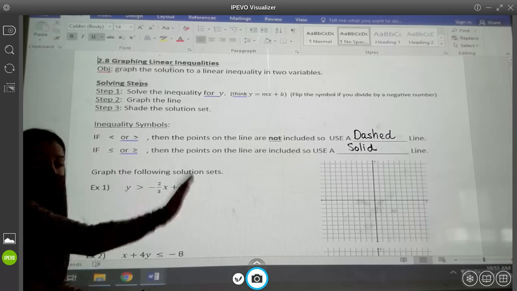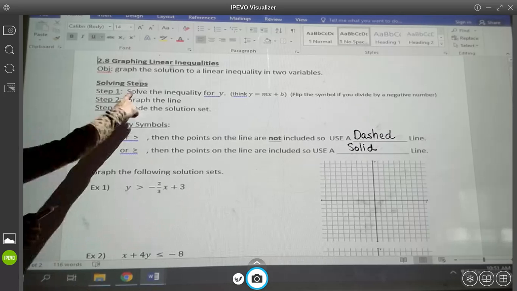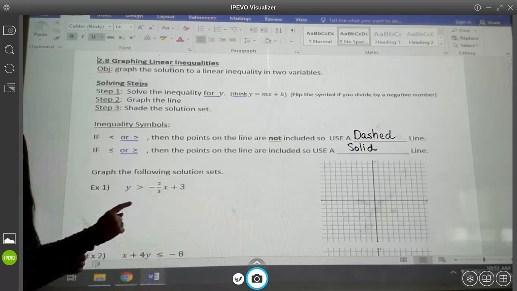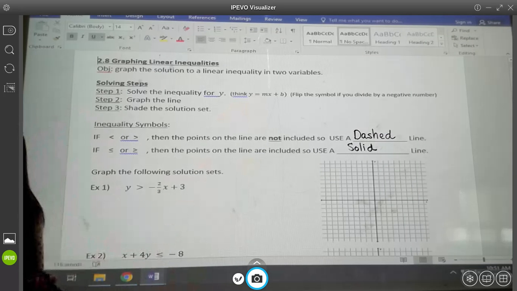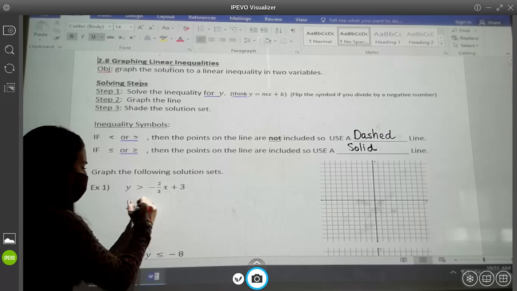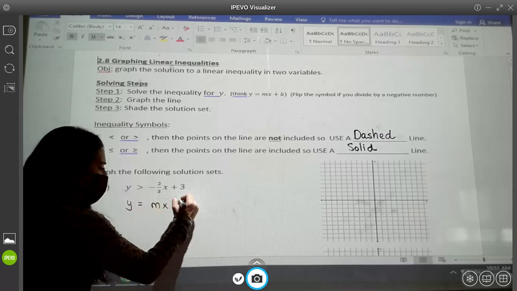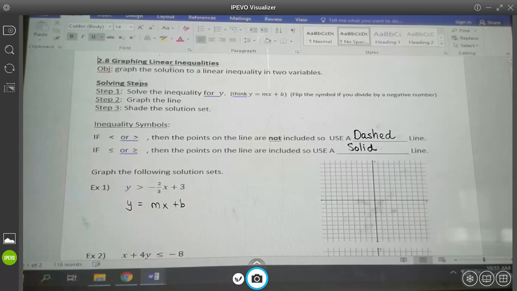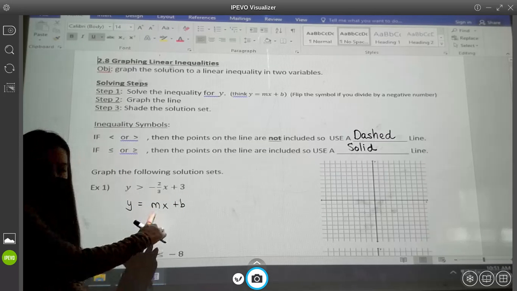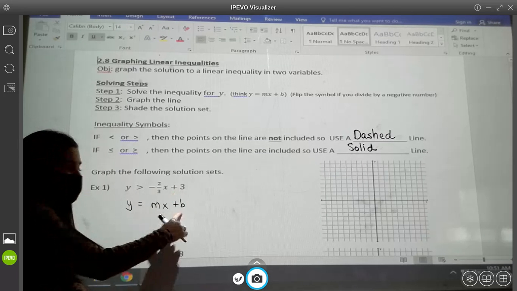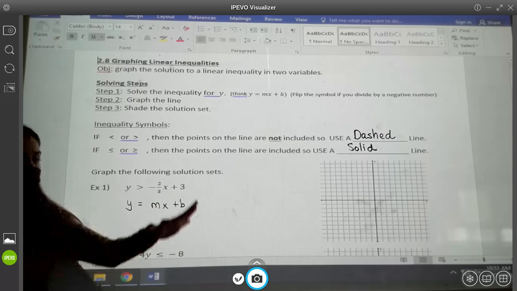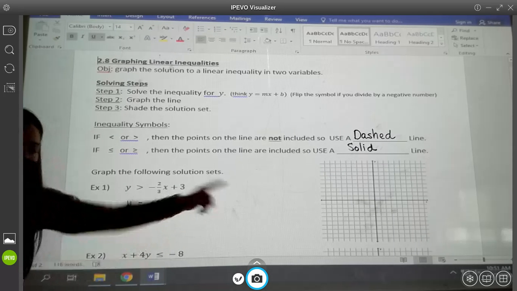All right, so step 1 said to solve the inequality for y, right? So we could graph it using y equals mx plus b form. But guys, do you guys agree that this is already in y equals mx plus b form? Yeah, so our slope is negative 2/3, and our y-intercept is 3. So guys, we're good to go. Let's graph this. Let's put our y-intercept on our graph at positive 3.